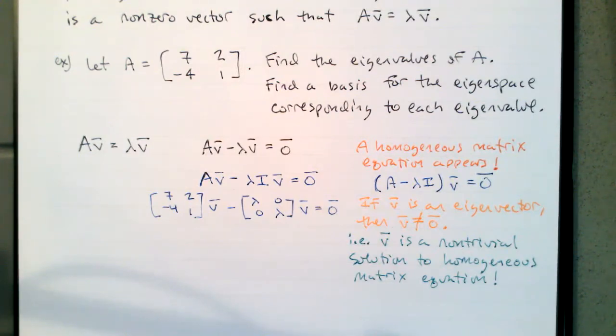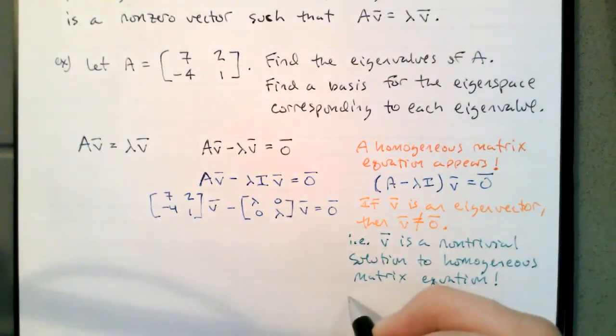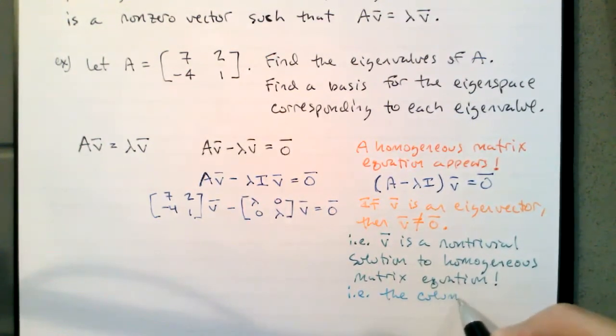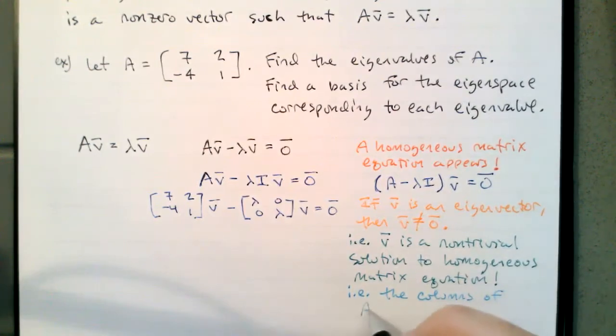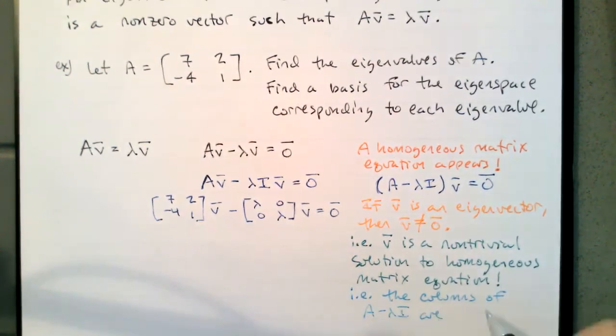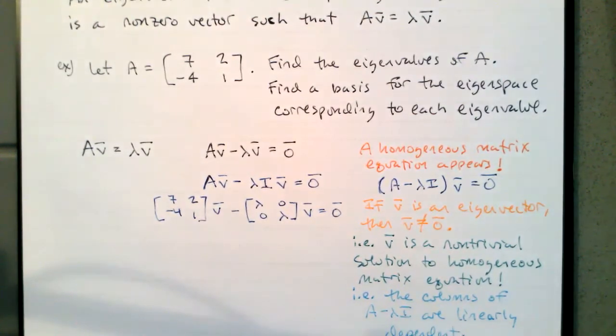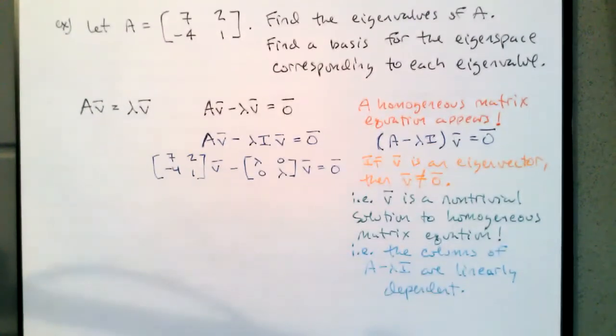That means that the columns of A minus lambda I are linearly dependent.